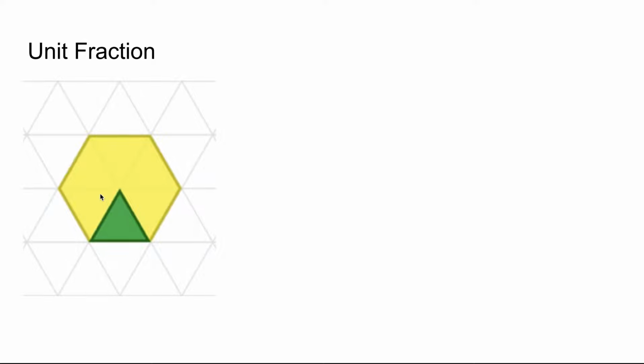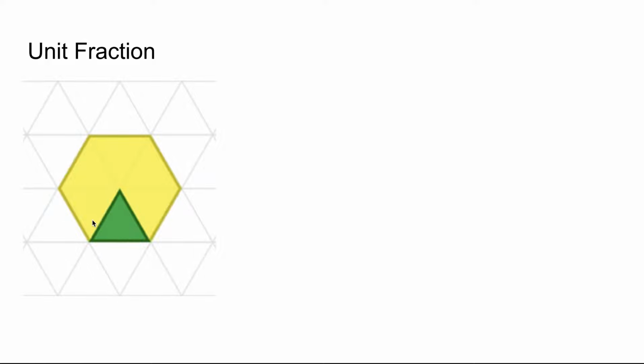They are all 6 equilateral triangles that make this hexagon. And this green part shows 1/6. That is the unit fraction, and we are counting how many of these triangles can go in this hexagon. We know that 1, 2, 3, 4, 5, 6. Sixths. 6/6 makes one whole hexagon.